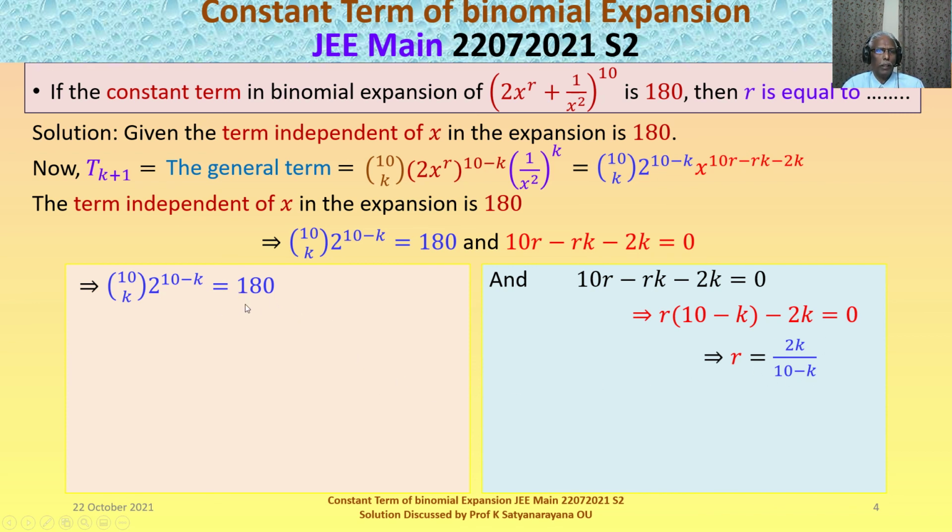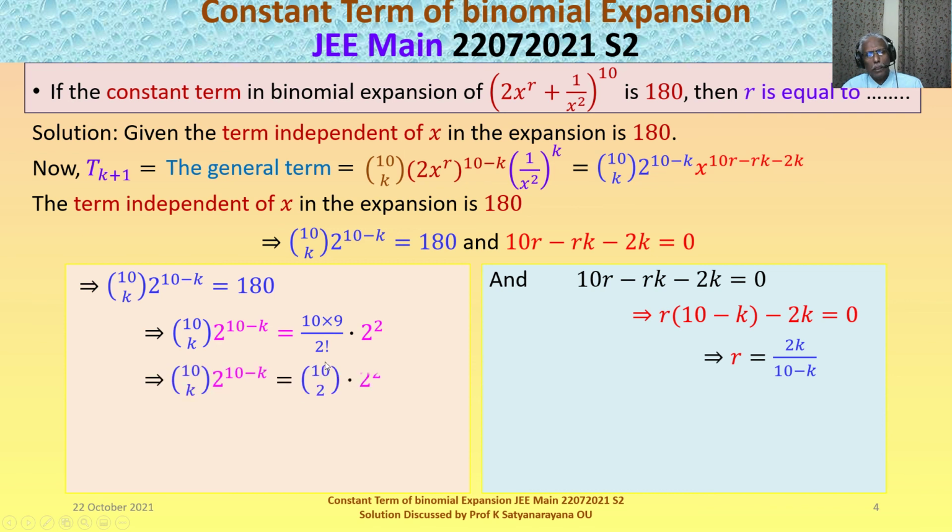So let's come here: 10Ck 2^(10-k) is equal to 180. This 180 is written as (10 x 9)/2! x 2^2. It is adjusted. And (10 x 9)/2! is 10C2, so that is equal to 10C2 x 2^2.